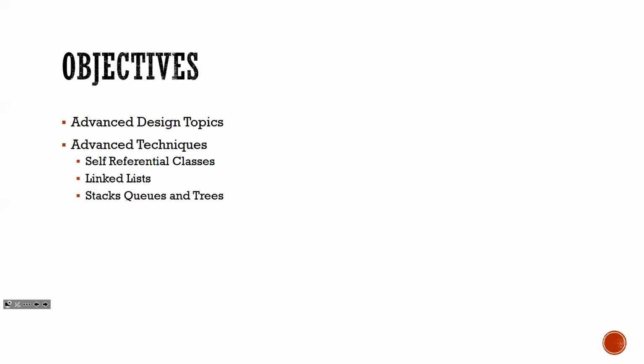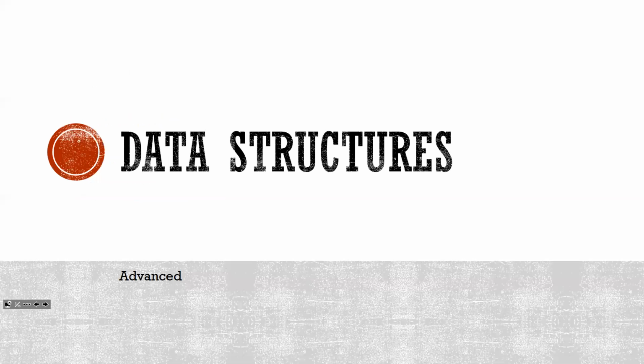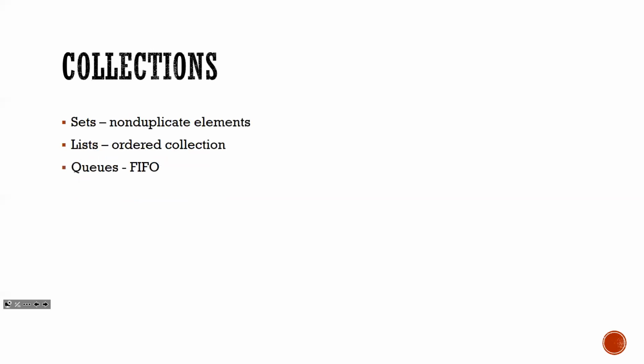And these are the same things, just a little bit more advanced. How do we design things that use these different characteristics that we'll see in data structures? So some of the advanced techniques we're going to talk about are self-referential classes, linked lists, stacks, queues, and trees, and there are some other things that you'll run across in the textbook that are really interesting.